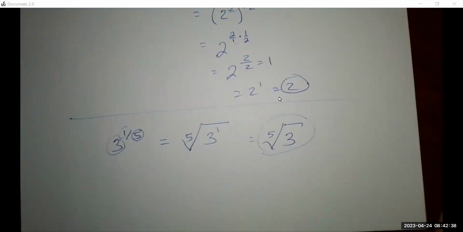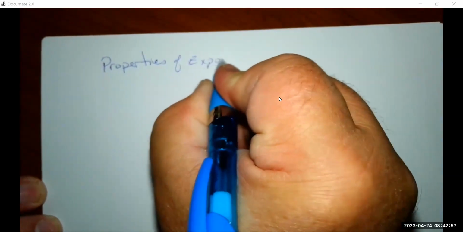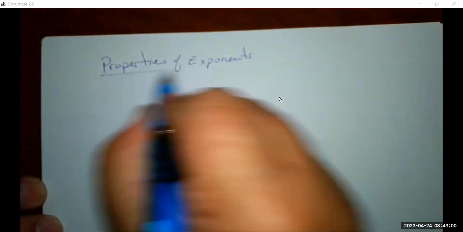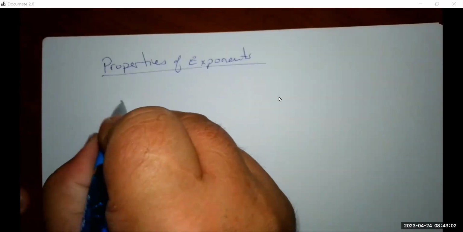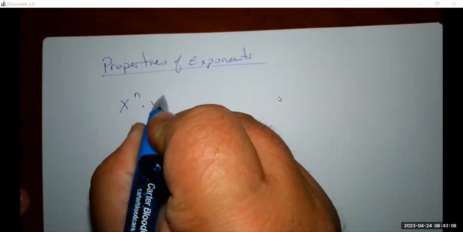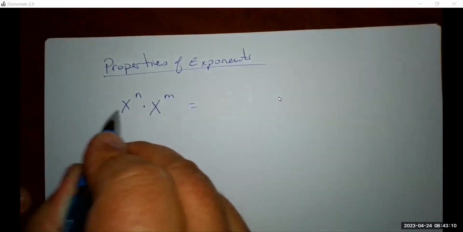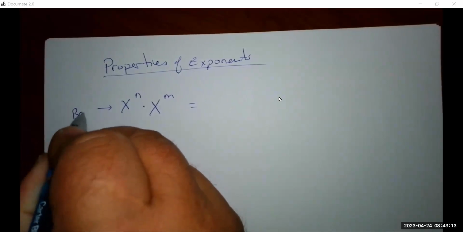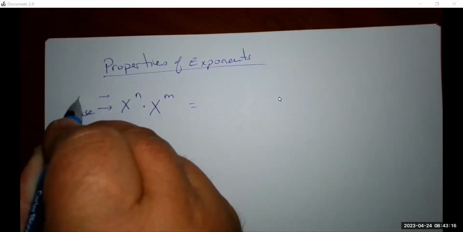Okay, so we also talked about the rules of radicals, exponents, a long time ago. So let's refresh those. Properties of exponents. Whenever you have the same bases, these are the bases, and those are the exponents.